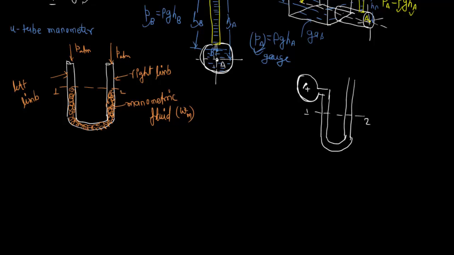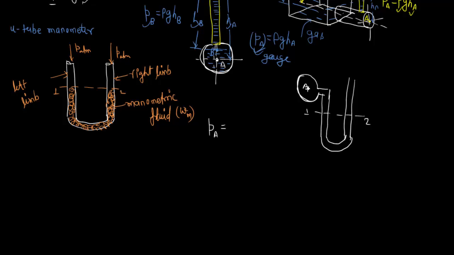In this case, I'm indicating PA is the pressure at this point A due to some liquid height or due to some other things. Maybe the tank is closed and the fluid is pressurized.